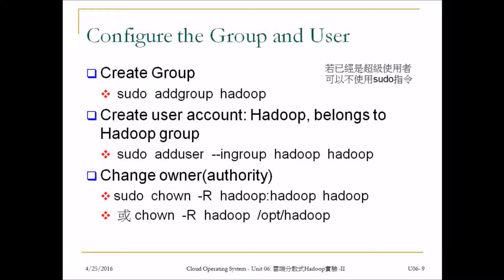The account name will be hadoop and belongs to the hadoop group. However, we need to change the owner or authority of the original group and the directory. So we will change the owner of the directory to the user hadoop to control and manage the directory.